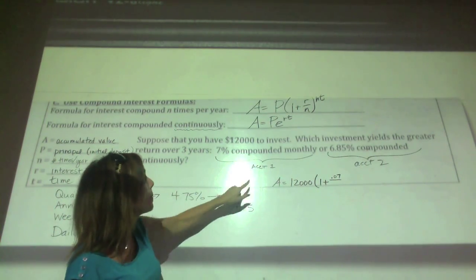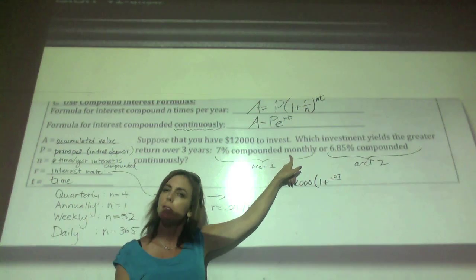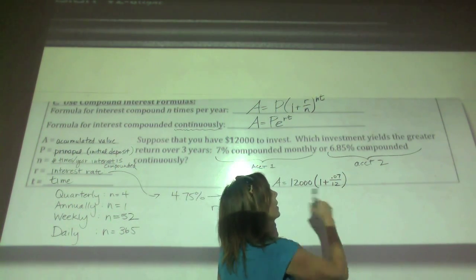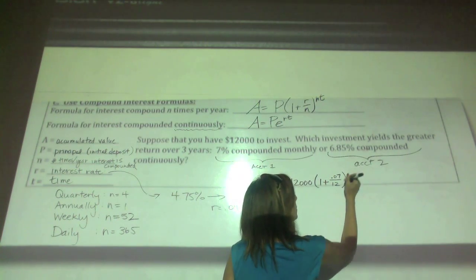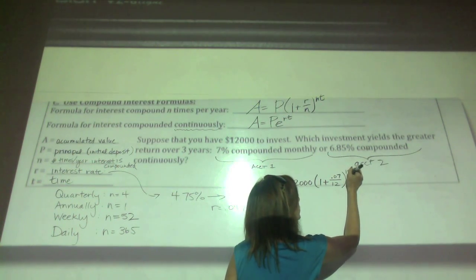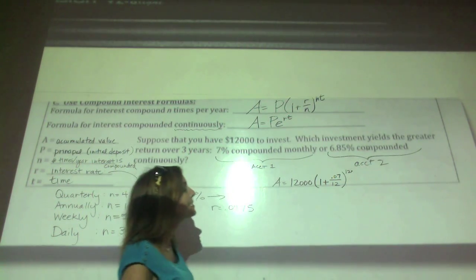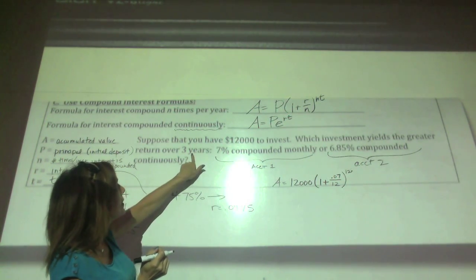If we're compounding monthly, how many months in a year? That would be 12. Our N comes up in the exponent as well. These two always match. And then times T, the number of years, which is 3.